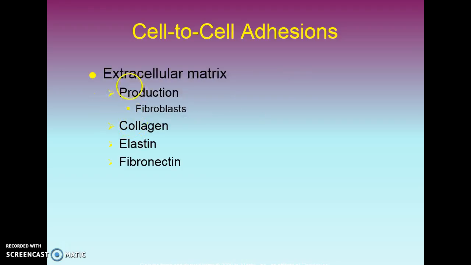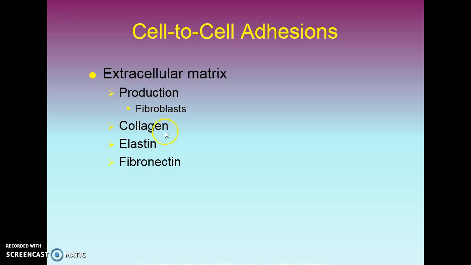So, the extracellular matrix is a meshwork of material that surrounds cells and can act as an adhesion method between cells. You can kind of think about it as glue, sort of. The materials within the extracellular matrix contain fibrous proteins that are produced by fibroblast cells and are embedded in a watery, gel-like substance composed of different carbohydrates.